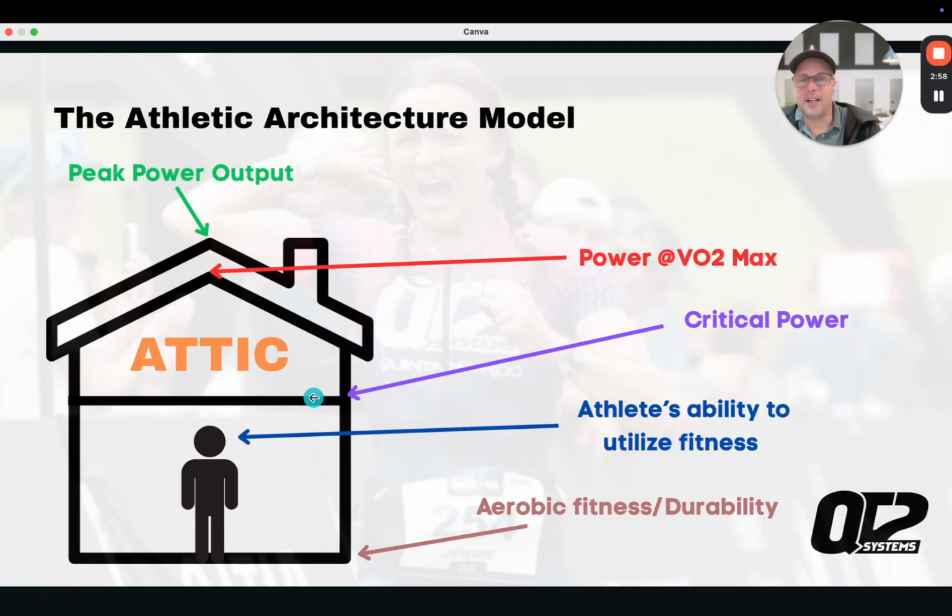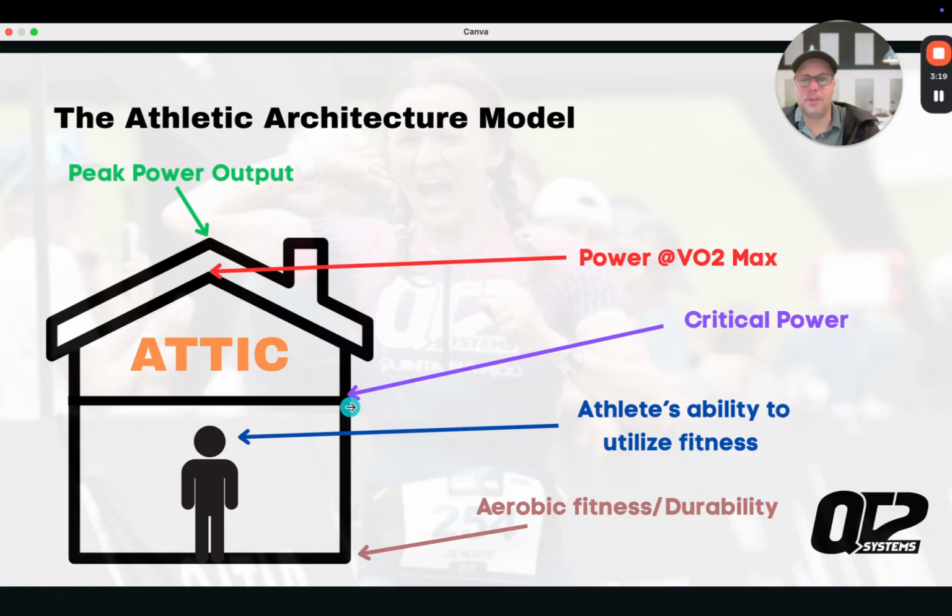The ceiling of the house represents the athlete's critical power or critical speed. The bottom of the roof of the house would represent the athlete's power or pace at VO2 max, and the very peak of the house represents the athlete's peak power output.